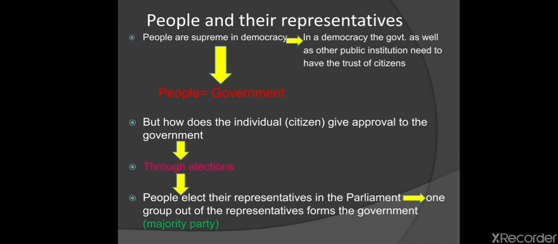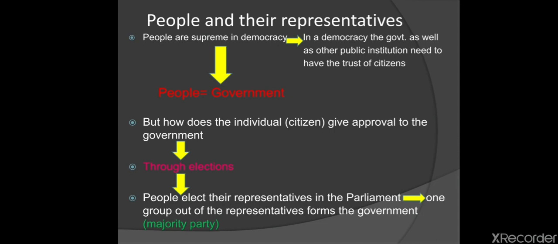We are giving approval to the government through elections. The people cast their vote, they take part in the elections. Through elections they give approval to the government, and after elections people elect their representatives in the parliament. Now one group out of the representatives forms the government, that is the majority party.